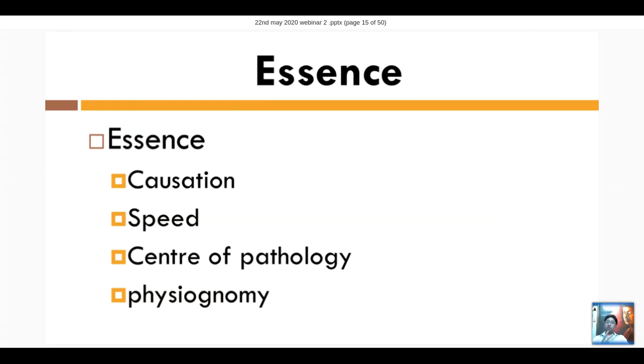Now there are two things we have to take care of in this condition. If the patient has a center of pathology in the GIT, and we are considering pulsatilla, which has a very strong affinity for the GIT, then we must have keynotes of pulsatilla in the GIT systems. Keynotes can be desires, aversions or pain, or anything associated with the GIT, and that must be there in the case.